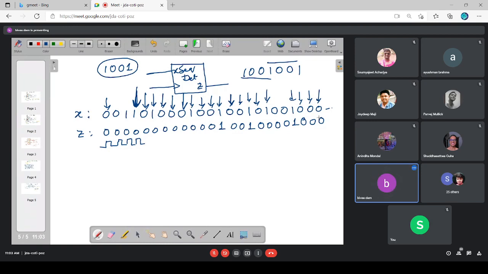Okay, so at every time instant, how many possible histories are you finding? 5. So no bit, first bit, second bit, third bit, and sequence detected.